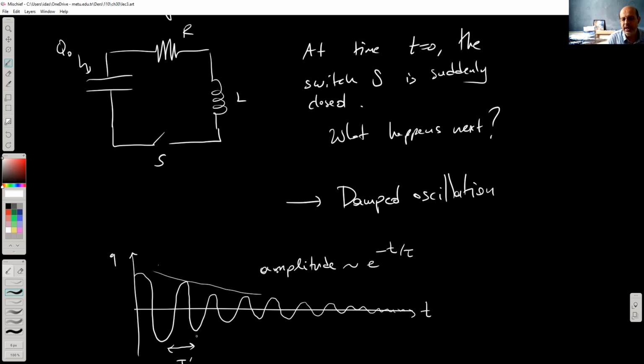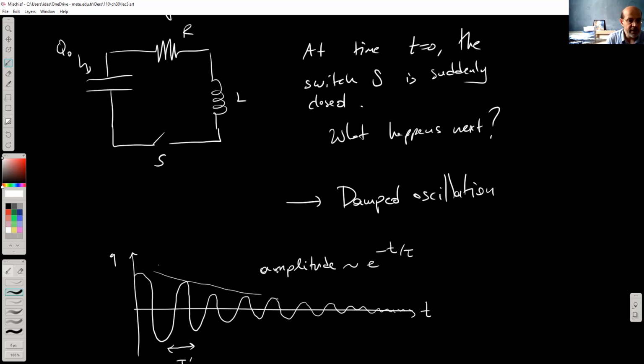The number of oscillations that you can see in a significant amount of time is what people call the quality factor. But I'm not going to go into these kind of things in here. Okay.